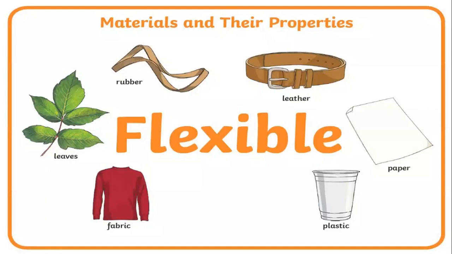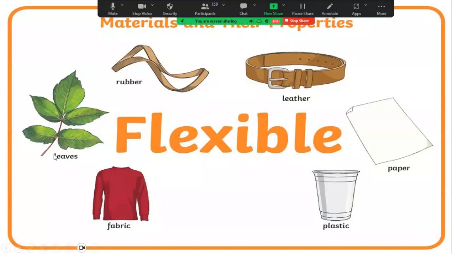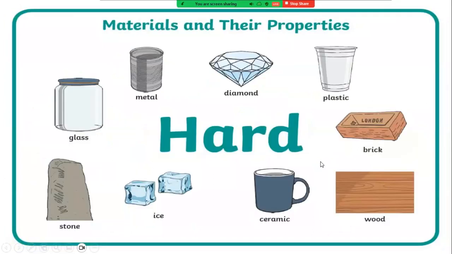Now, when you talk about flexible, we think about materials like rubber, leaves, fabric, plastic, and paper. When we think about hard, we can immediately link to brick, wood, ceramic, ice, stone, glass, metal, diamond.